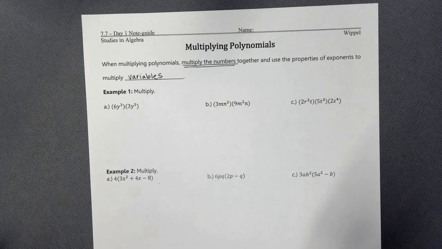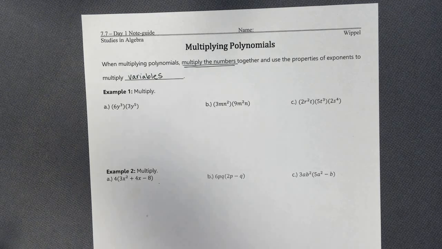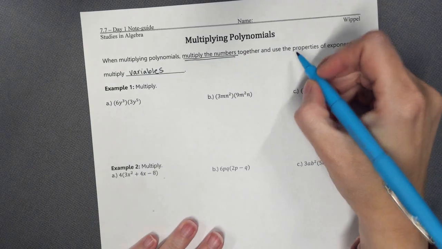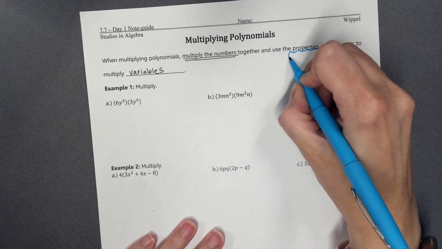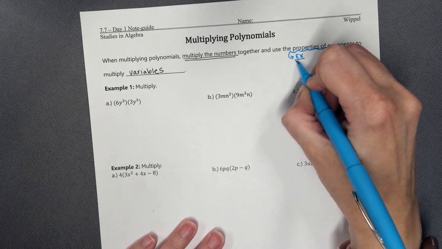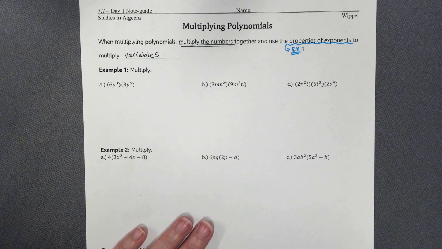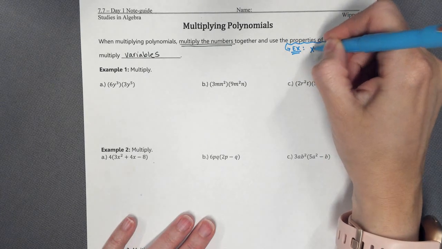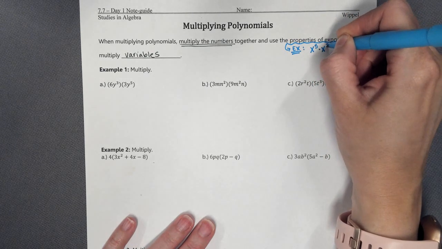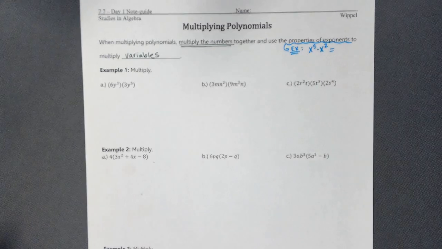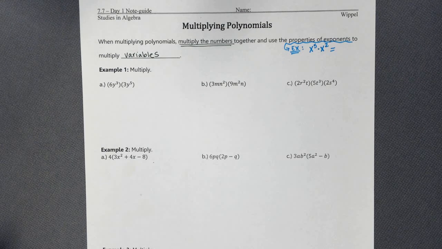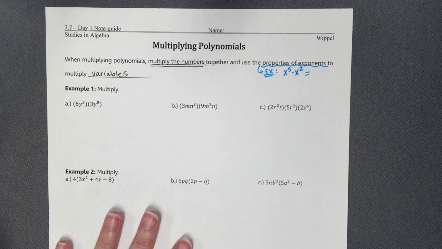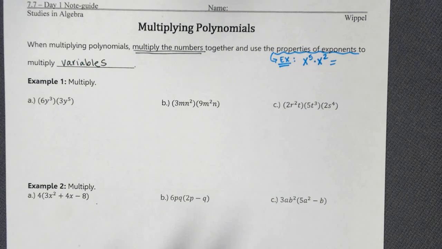Okay, so when you're using the properties of exponents, that would be like this. We're going to do a little example. What we were doing earlier is x to the 5th times x squared. If you just multiply x to the 5th times x squared, do you guys remember what you have to do with the exponents?